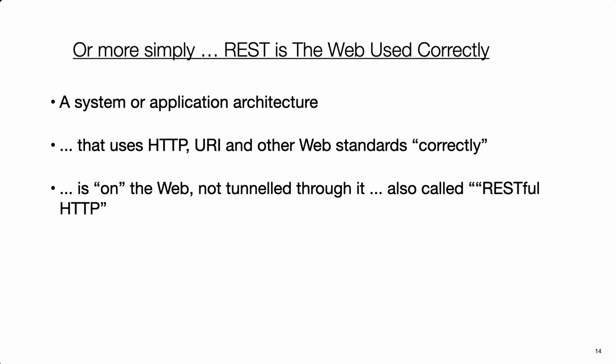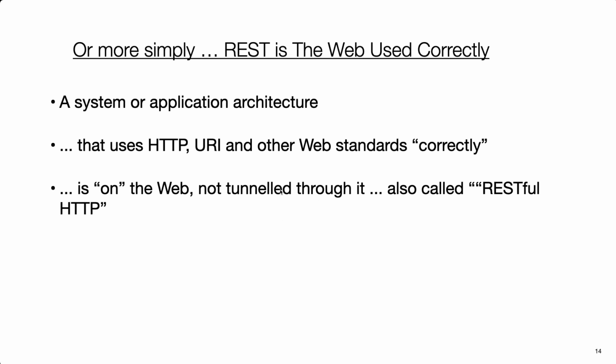To tunnel through the web to establish end-to-end connections that are stateful has been and can be done, and there are still echoes of that available today in standards like WebSockets, widely used, and WebRTC. But APIs don't take that approach. They take the approach of building fairly standard HTTP requests and responses that follow the web rules. And that has served APIs built in that style very well over the years.